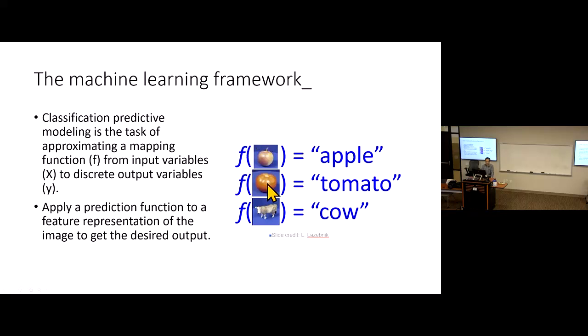Then the output of this function are the classes: apple, tomato, cows. Those are IDs, labels. So that's a very generalized representation of a classification algorithm. You think about the function F.